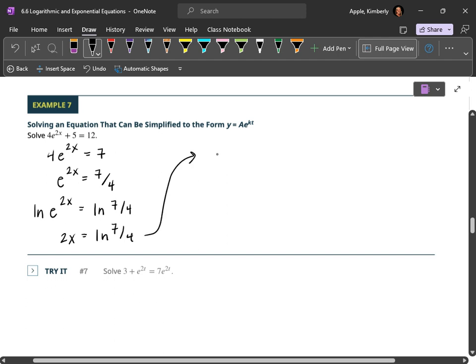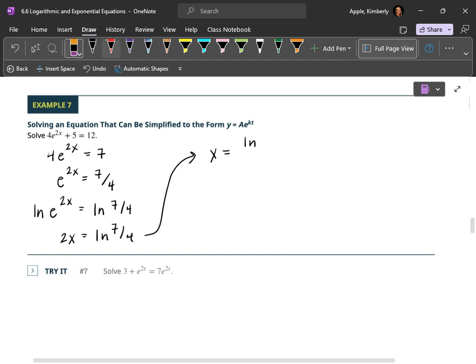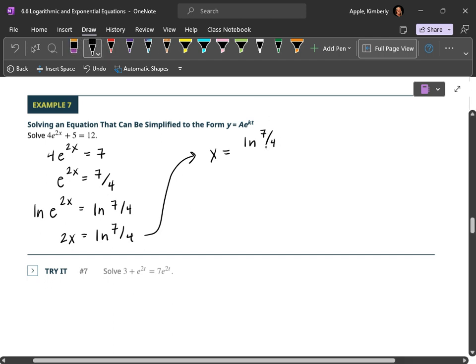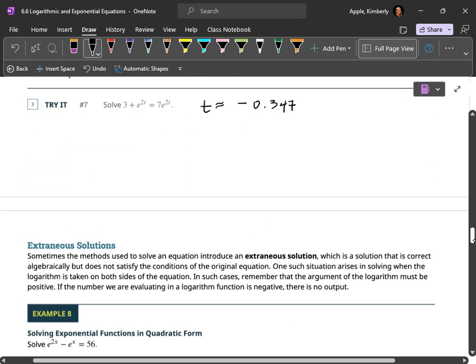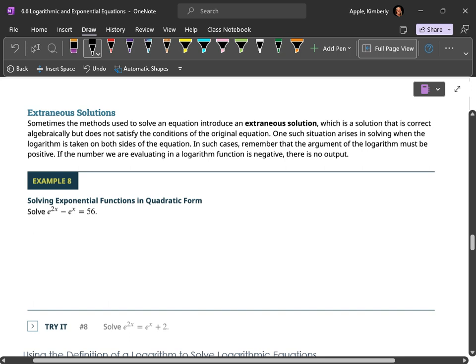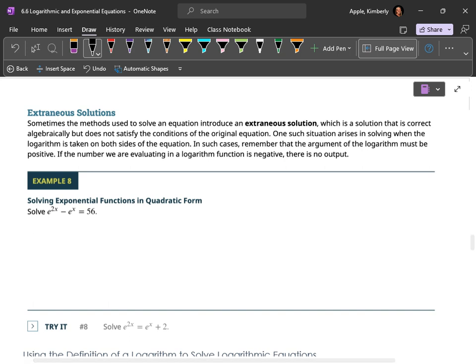And then dividing by 2, we have x is equal to ln of 7 over 4 divided by 2, which is approximately 0.280. Okay, so if you want to try number 7, you should obtain that t is approximately negative 0.347.